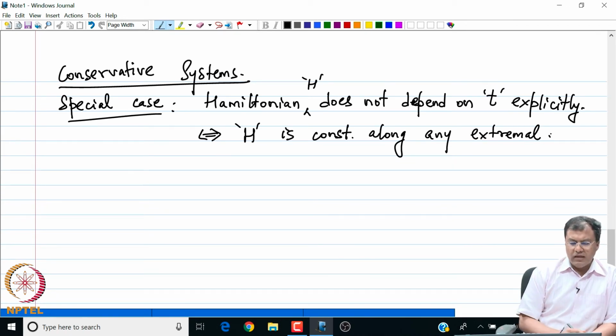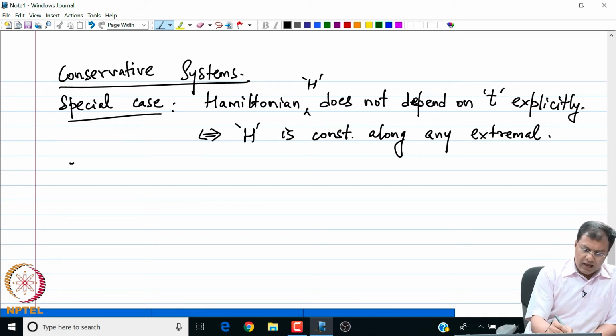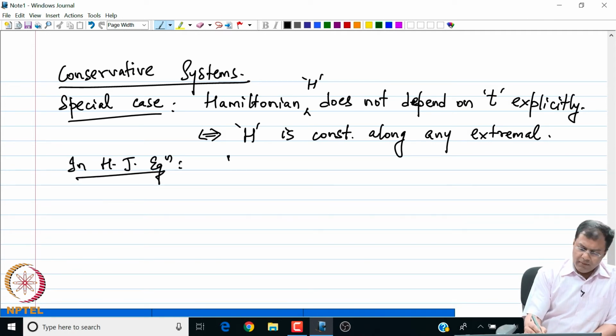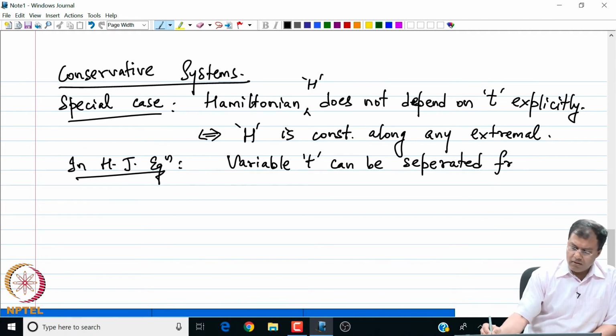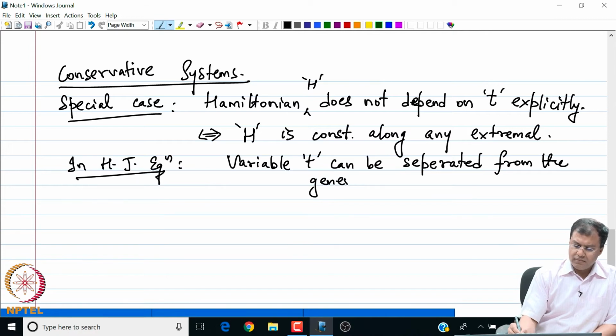So we will now see the solution to this class of Hamiltonian system. Now let us write the Hamilton-Jacobi equation. So in the HJ equation, the variable t can now be separated from the generating function phi hat.